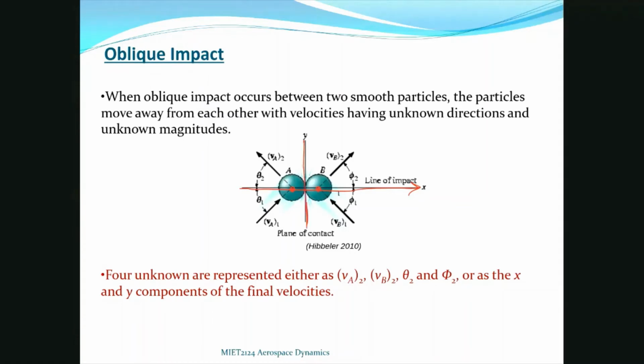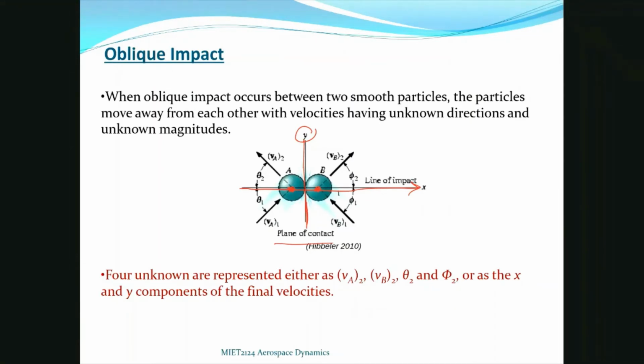And we will call them XY axes just to make it convenient for us. But we remember that we do not actually have an option to choose it somewhere. We must put the X axis through the centers of gravity, and Y, which is the plane of contact, will be perpendicular to the X axis.